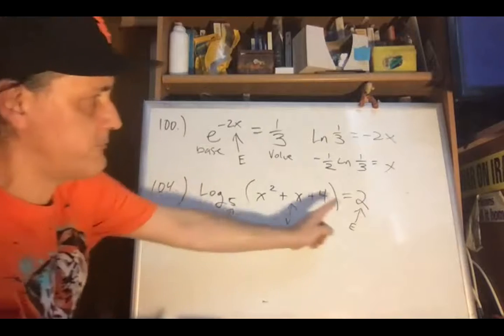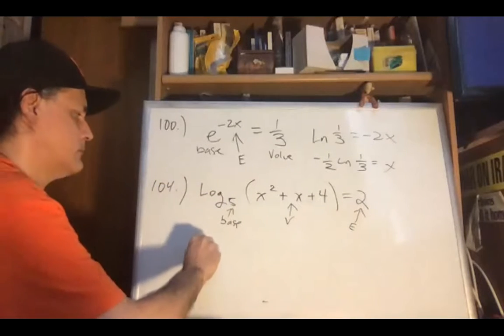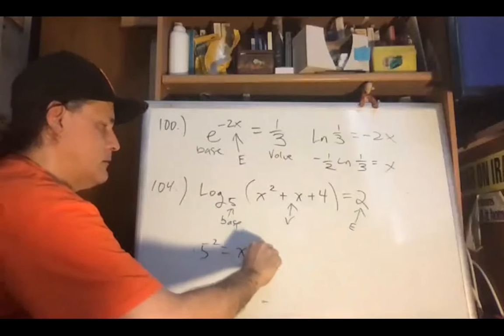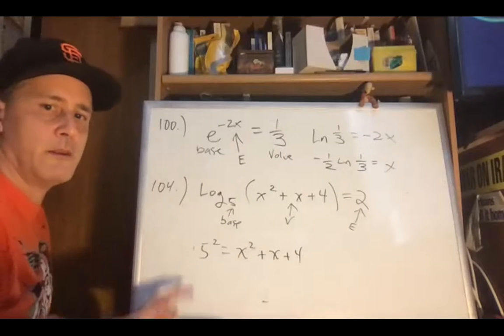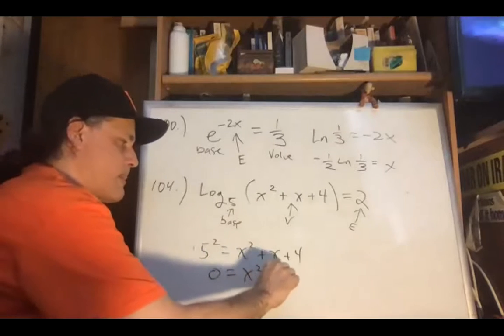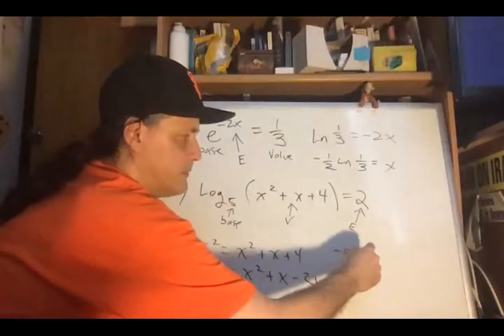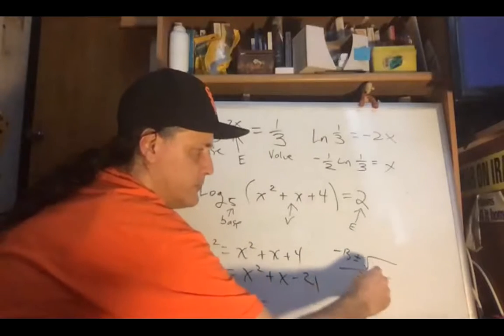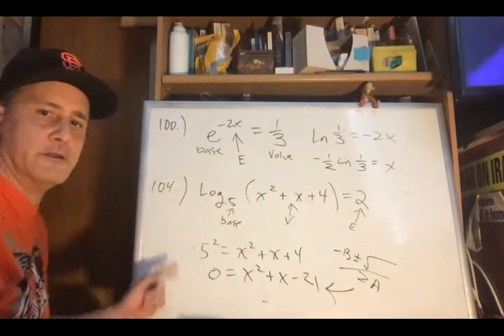Okay, so 5 squared equals this trinomial. Right, that's 25, so if you subtract, now this is not factorable, so you're going to have to do the negative b plus or minus over 2a, because it's not factorable. I know you guys know how to do that.